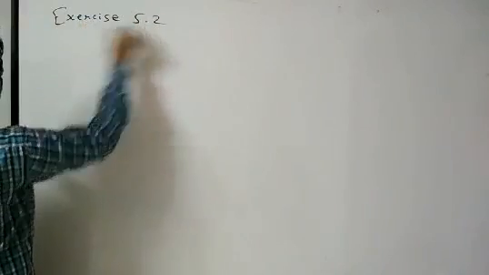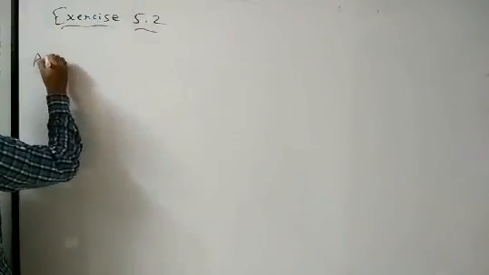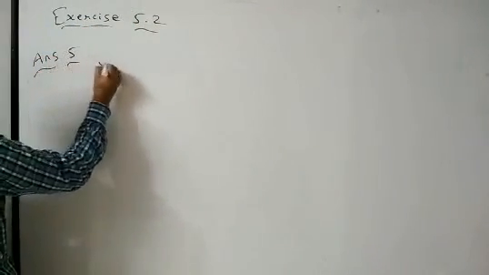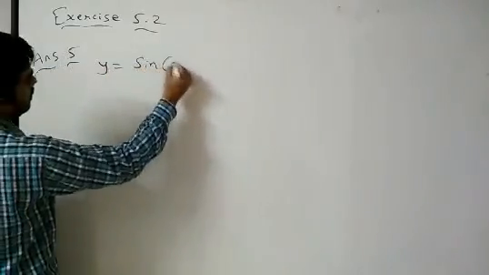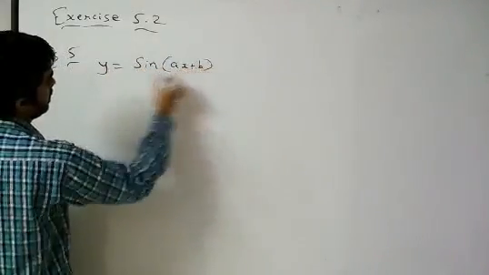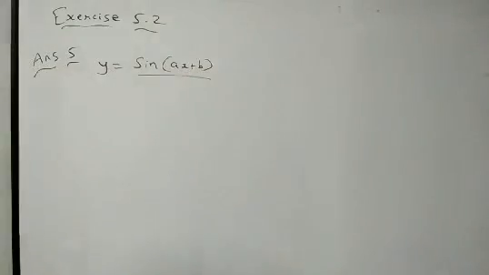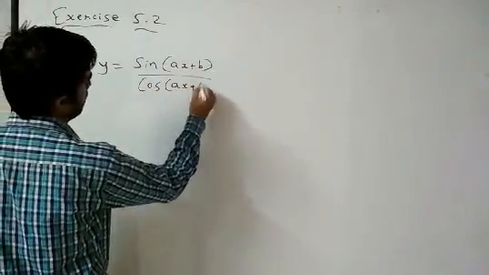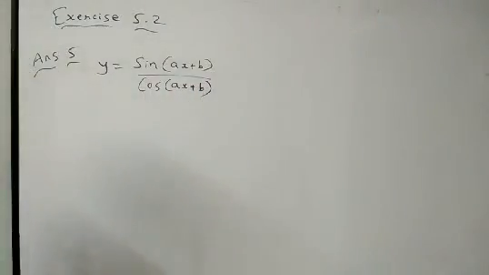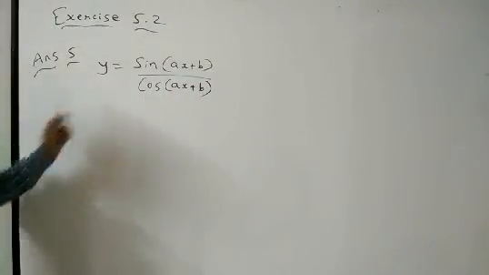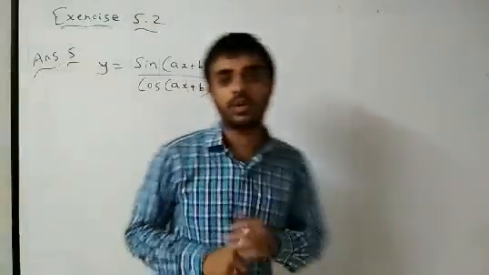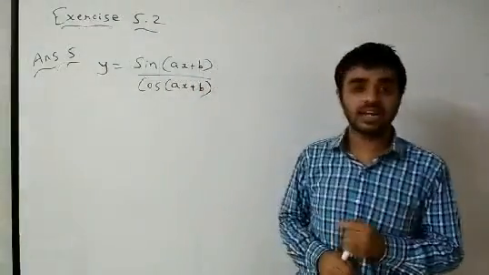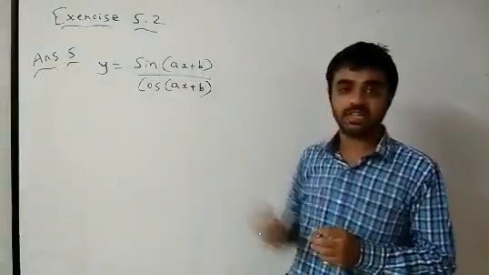Exercise 5.2, Answer 5. We are supposed to find the derivative of this function. So how are we going to find the derivative of sine (ax + b) by cos (ax + b)?